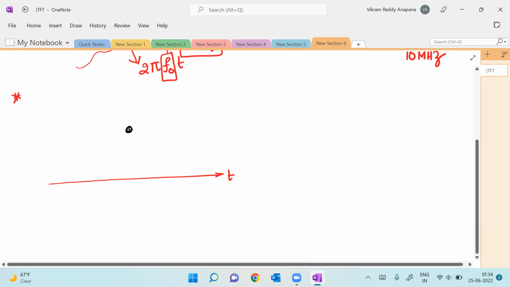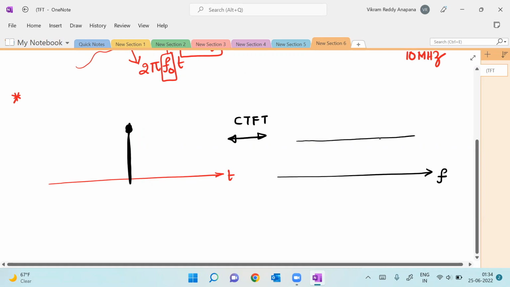So let me take an impulse function like this in the time domain. What must be its spectrum? If you take its spectrum, I'm just using f here, not omega, you would see a constant spectrum like this.